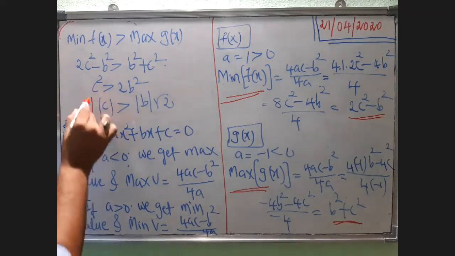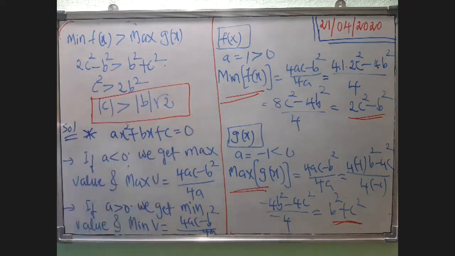This is your answer. And this is the relation between what? B and C. Mod C value is greater than mod B times of √2.